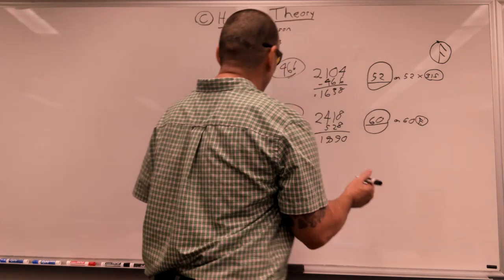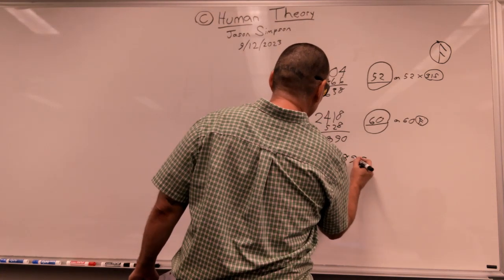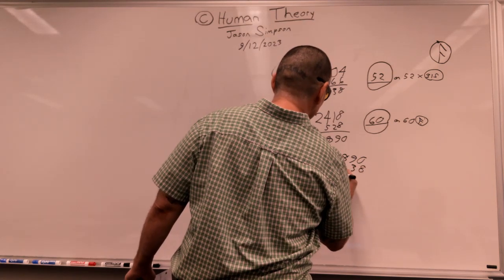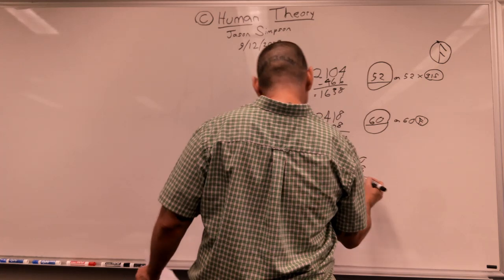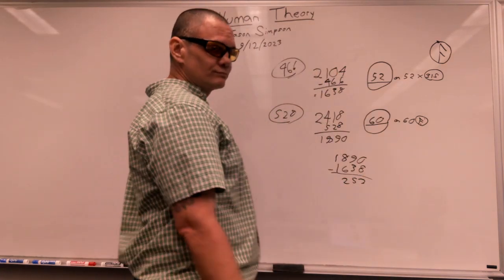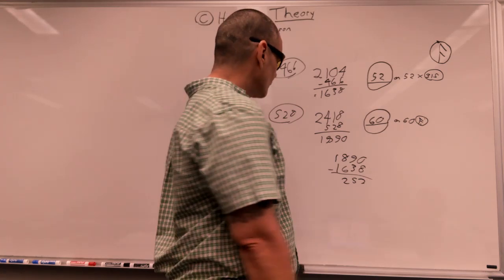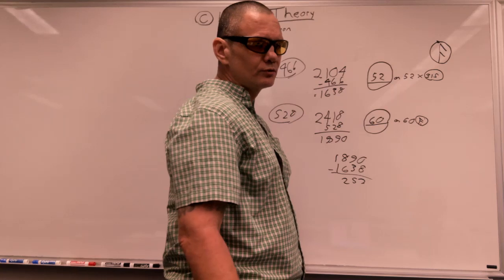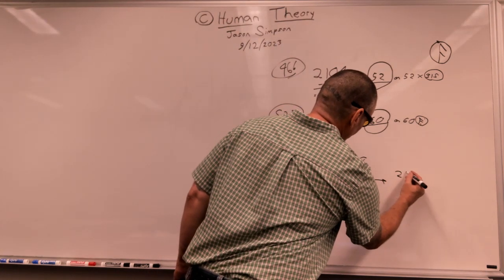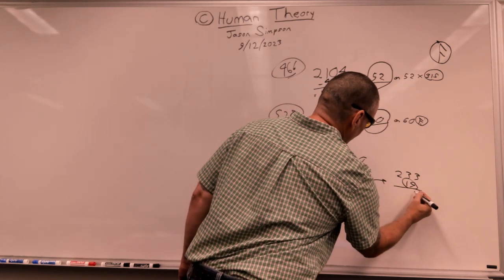So let's see what we got. We've got a top quark and a bottom quark, 252. Now what is that? It's what I told you in pi, symmetry breaking. So where's the symmetry within 252? There's our 233, and there's 19.